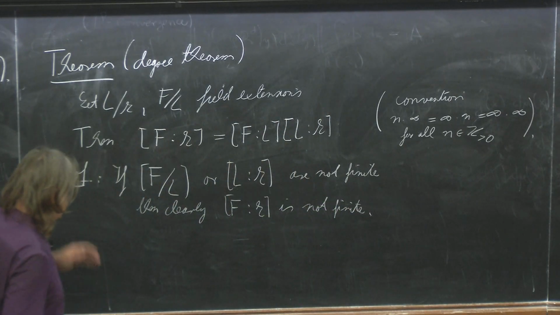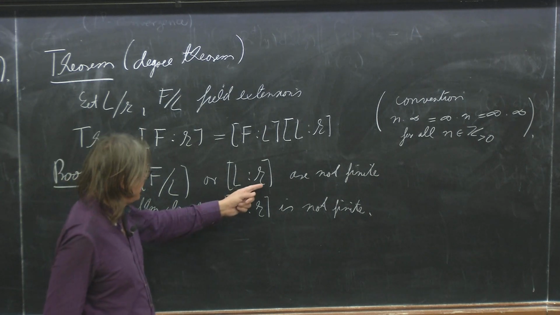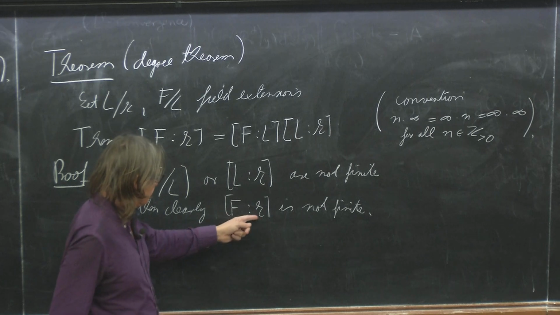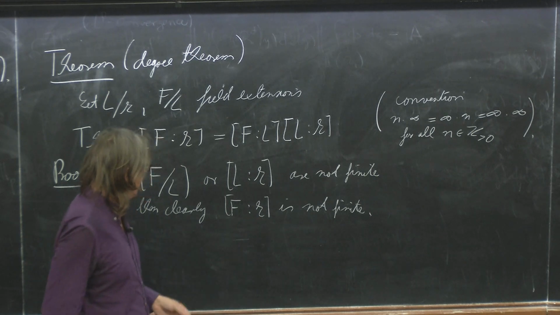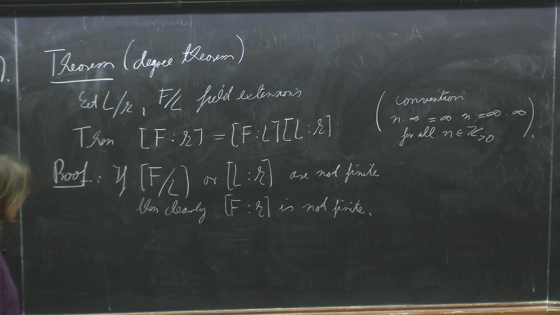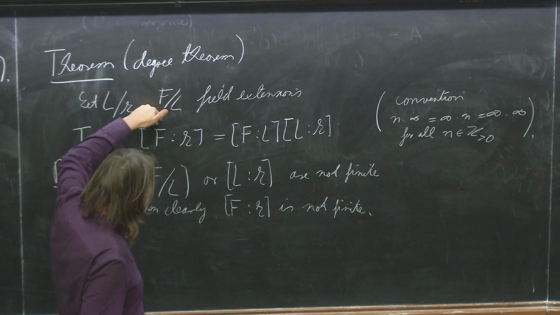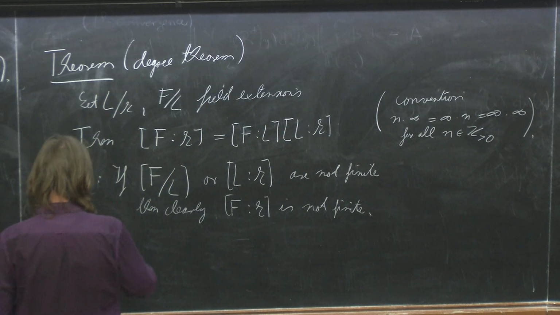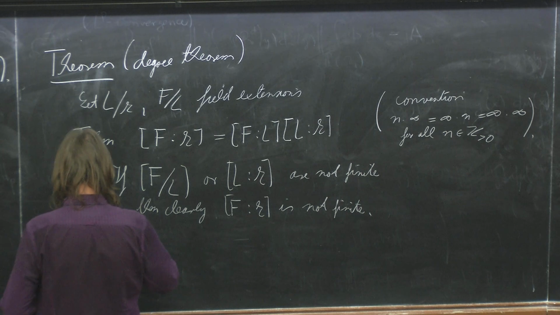If you have infinitely many linearly independent elements in L over K, then they are also linearly independent here, and in the same way here. And it's also easy to see the other way around, that if F over K is infinite, then one of the two must be infinite. The converse is also easy.